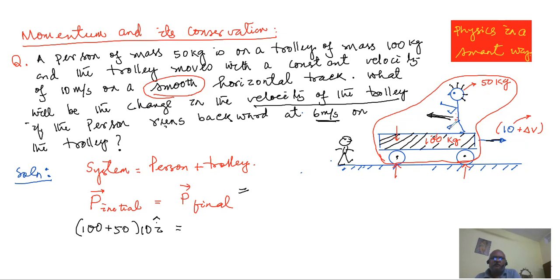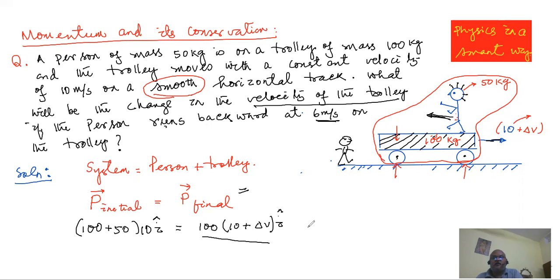Let us make them separate and then add them up. The trolley, which has a mass of 100, now has a velocity not 10, but 10 plus delta V i cap. Okay, trolley momentum is complete.